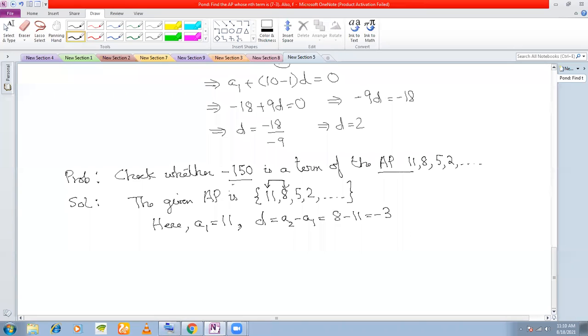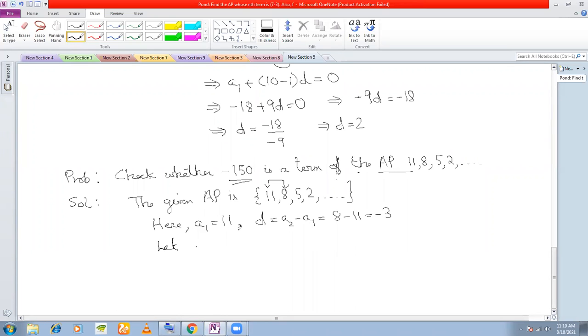Now I want to check whether minus 150 belongs to this set or not, whether it is some term of the AP, some distant term, maybe 50th term or 65th term, I don't know. So let's check whether this is in the AP or not. How to check? This is a very important step.